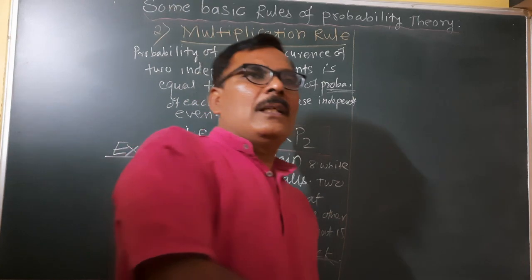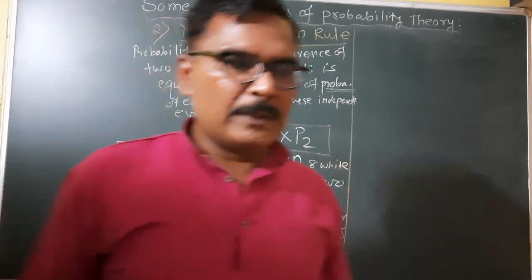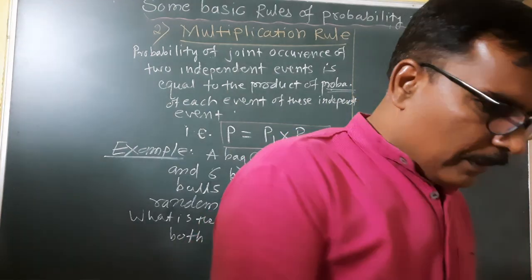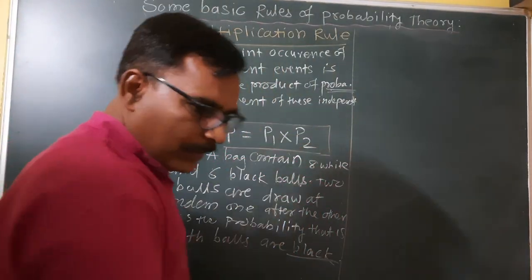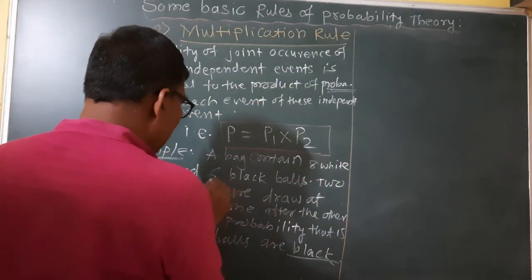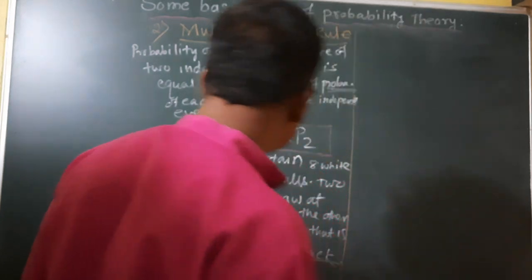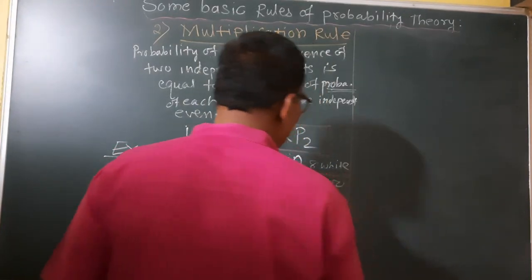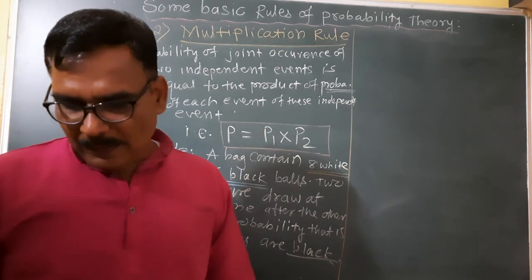Just consider a ball, and consider a black ball. Now, what is the number of black balls? The number of black balls is 6, and the number of white balls is 8. The total number of balls contained in the bag is 8 plus 6, that is 14.